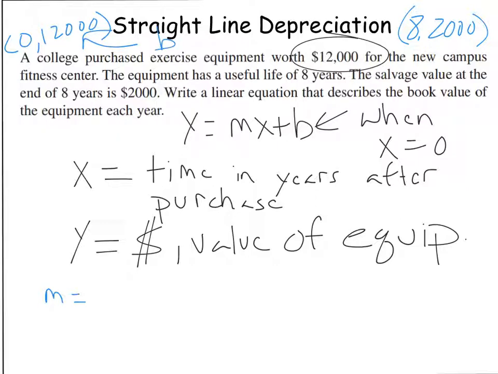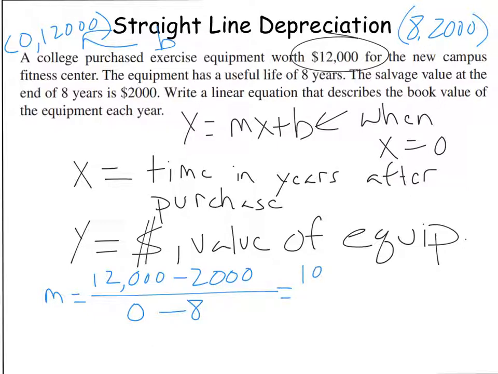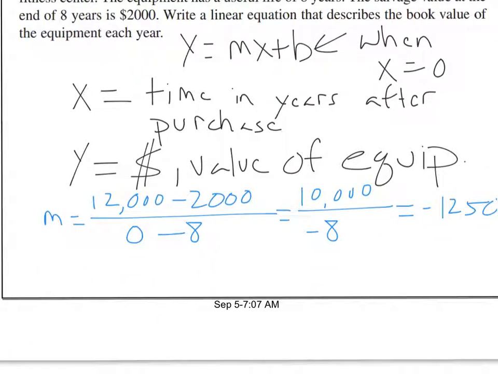Now we've already talked about this 12,000, that's going to be the value of b. But now I do my change in y: 12,000 minus 2,000. Then on the bottom I would have to put 0 minus 8. That's 10,000 over negative 8, which would be negative 1250, and that would tell you on average how much value we were losing per year.